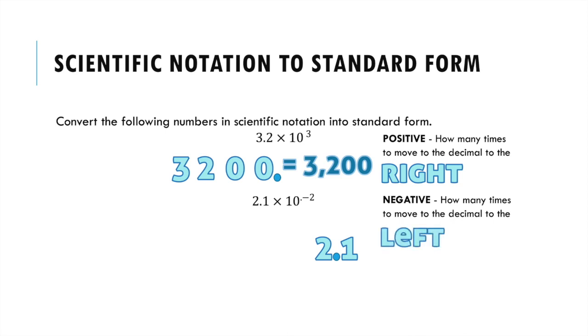To the left, everything you own in a box, to the left. So I'm going to move my decimal 2 times to the left. There goes 1 time, and there goes 2 times, and I'm going to put a 0 in the blank spaces when I'm moving my decimal. So here is my final number, 21 thousandths, or 0.021.